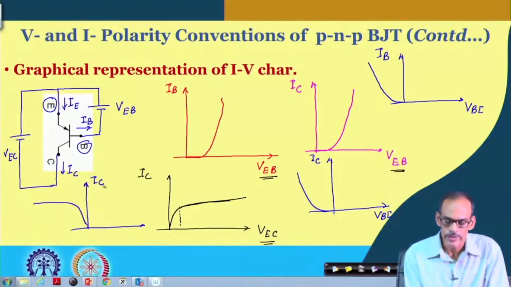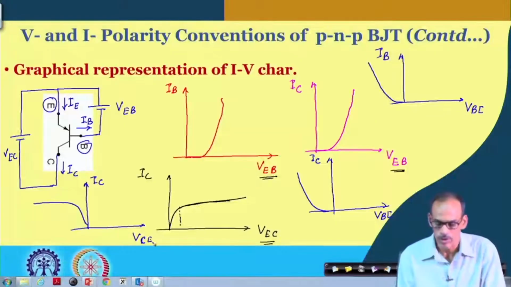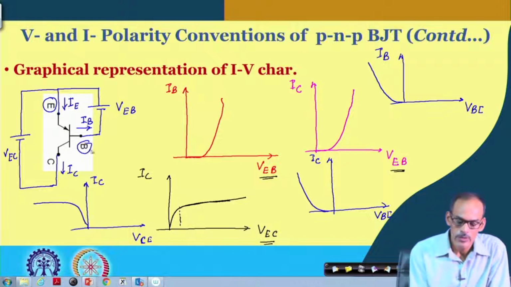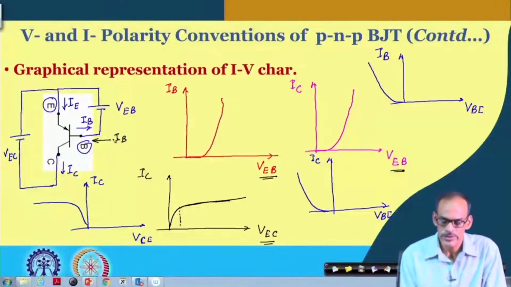And further to that, if you want to keep a similar kind of convention for the current as well, then you need to change the polarity of this current, similar to the NPN transistor.